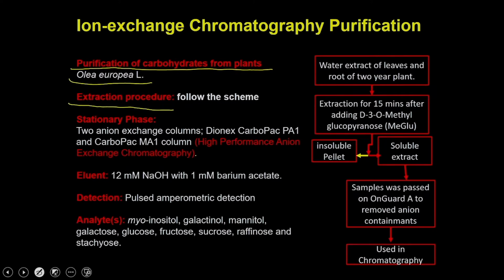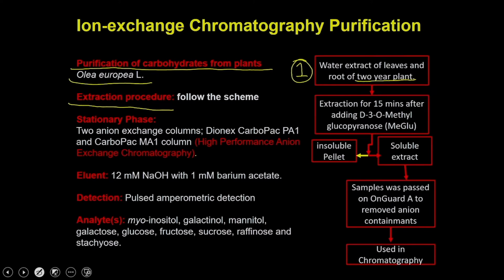What you have to do is first take the leaves as well as the root of this plant, and then prepare the water extract. The only caution is that the leaf or the root you take should not be from a very old plant.